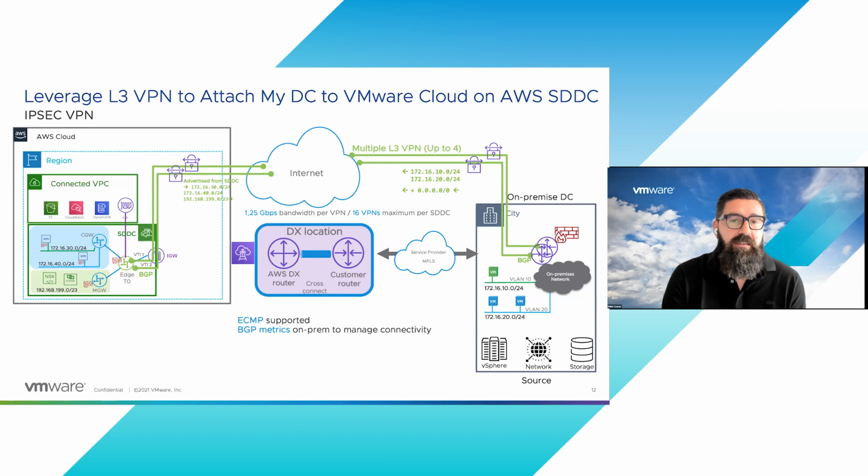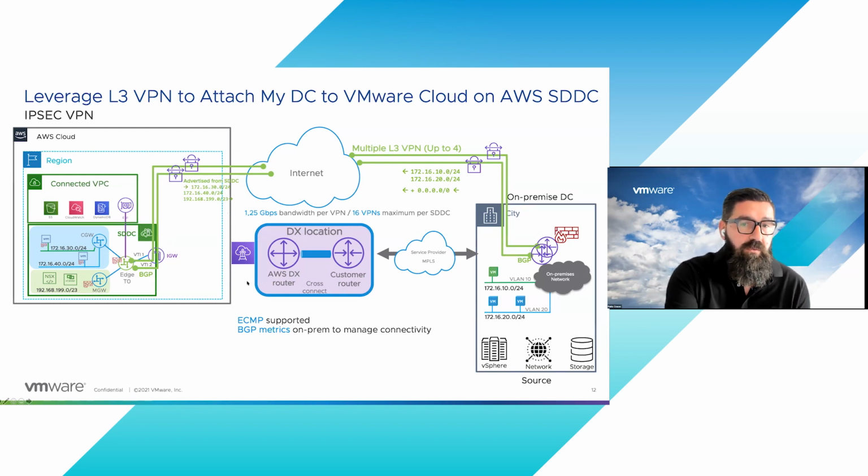What is going to happen is it will flow through 2 different VTIs. For example, here we have VTI1 and VTI2, and it's connected and flowing the traffic with BGP advertising your SDDC subnets.